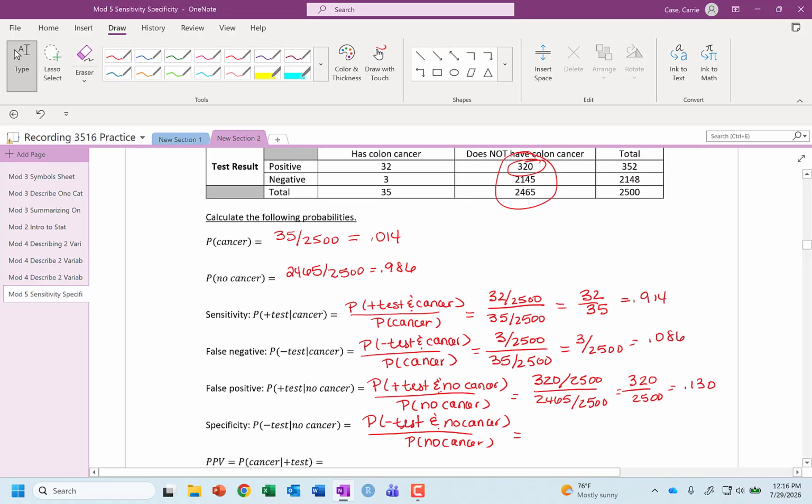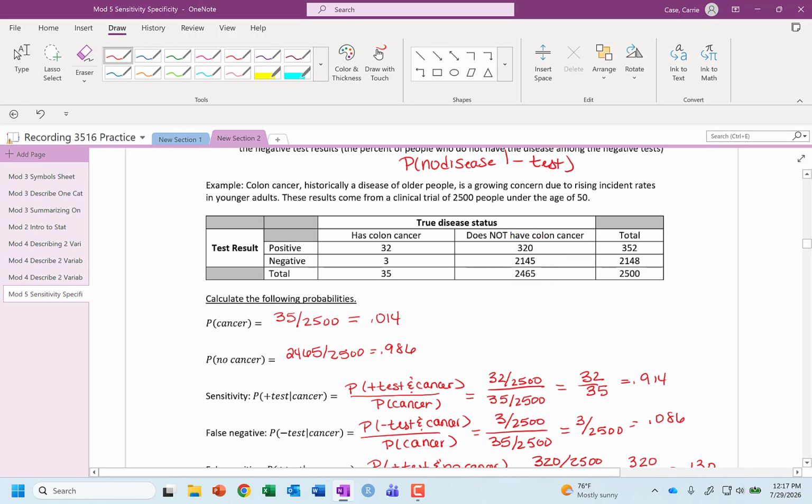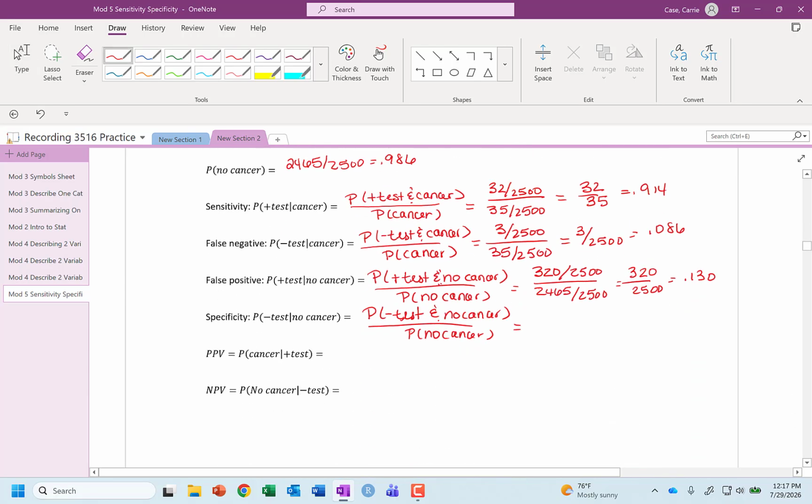And so we're looking for this one's specificity, negative test result. Given that the person has no cancer, there's 2,145 of those over 2,500. And the probability of not having cancer is just 2,465 over 2,500.